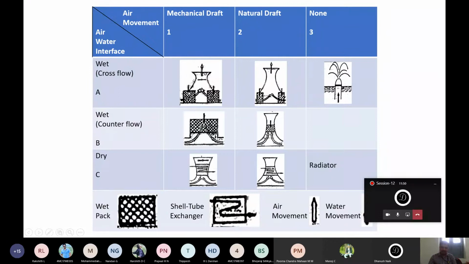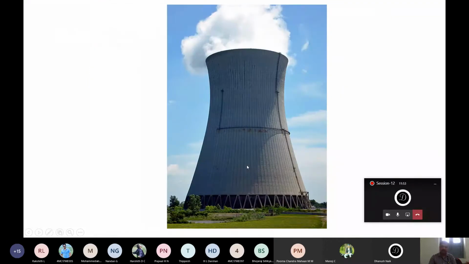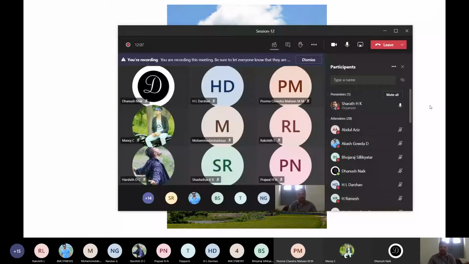So I think you have seen the cooling tower. Where can you see this cooling tower? What is the application of this cooling tower and where can you find this type of structure? In the petroleum industry, nuclear power plants, oil refineries, and thermal power plants also you will see this cooling tower.